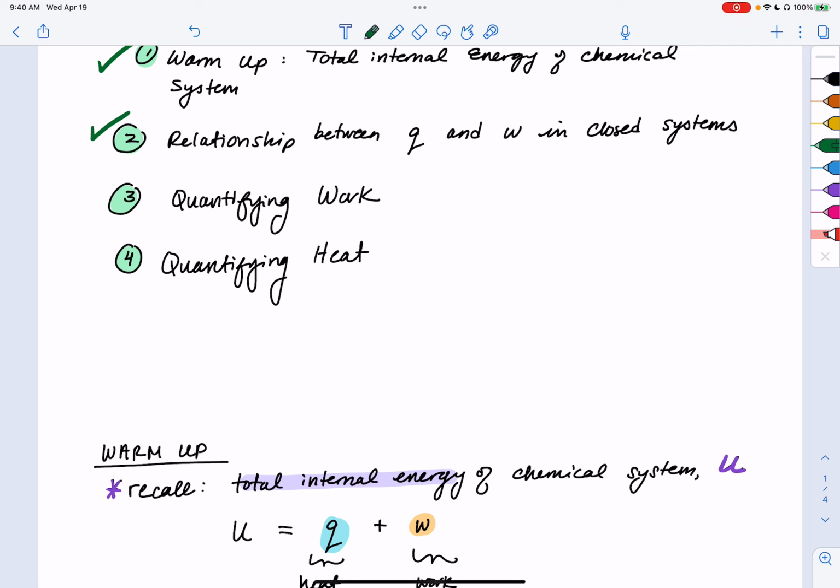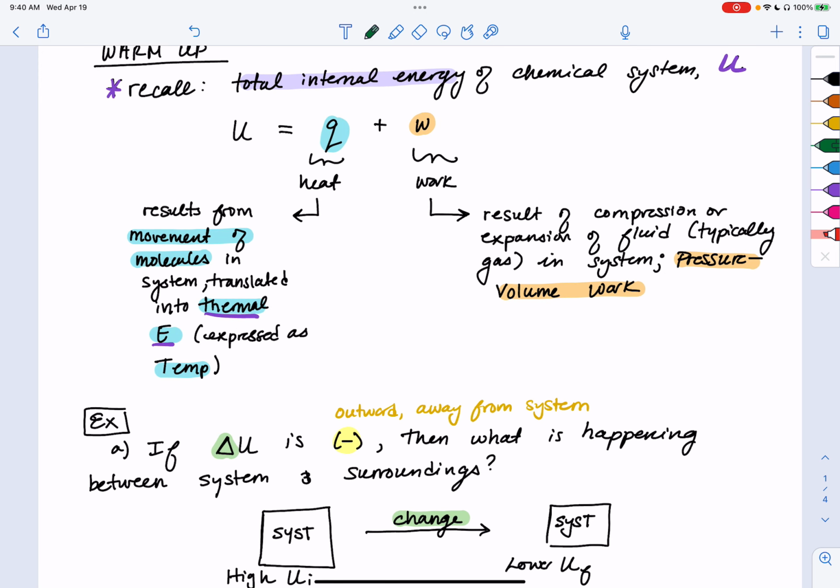So we're going to start with quantifying work, or figuring out how it is that we calculate what we called in our warm-up pressure volume work. I'm going to start with a little bit of a mathematical derivation here. Bear with me. I think it's useful to see where these expressions come from, because if I throw random math at you, then you don't really understand the language that the math is speaking.